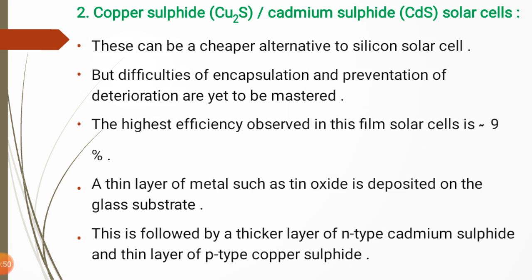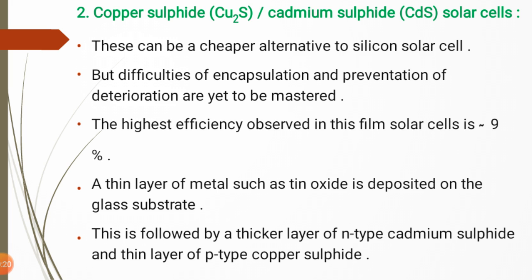A thin layer of metal oxide such as tin oxide is deposited on the glass substrate. That means the thin layer of tin oxide is deposited on the glass substrate. Glass substrate means the glass on which the film is constructed, and on that there is a tin oxide layer or deposition of the tin oxide.